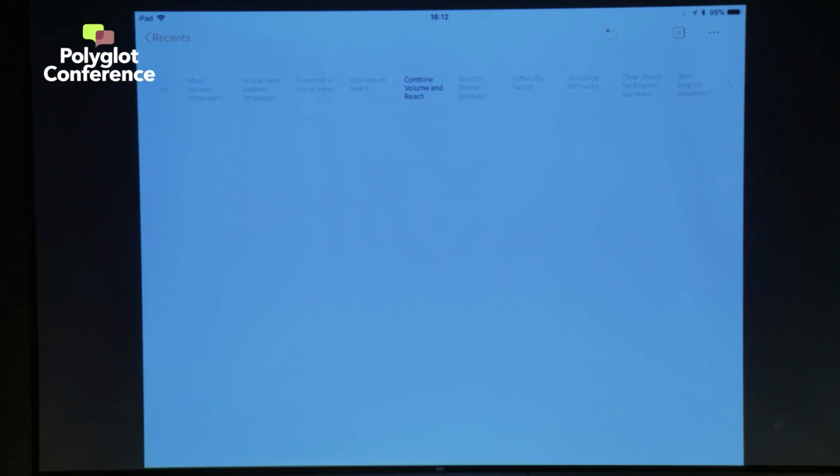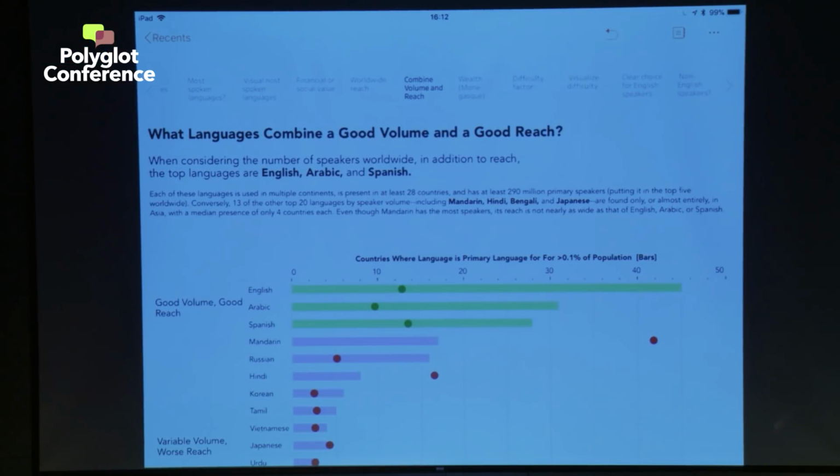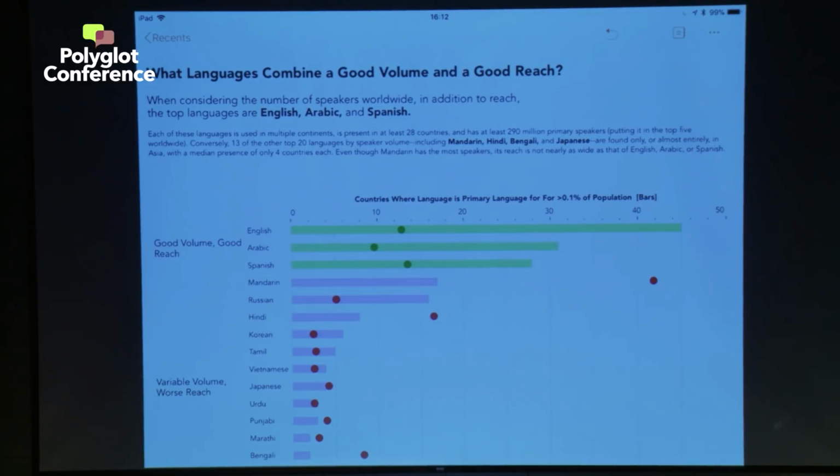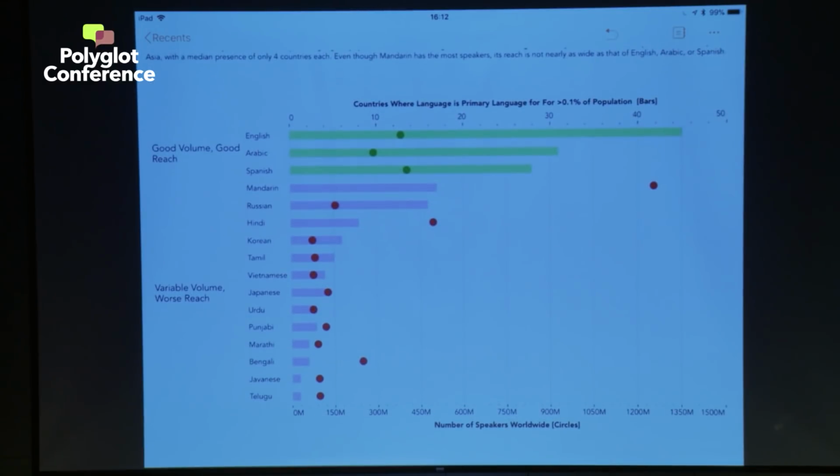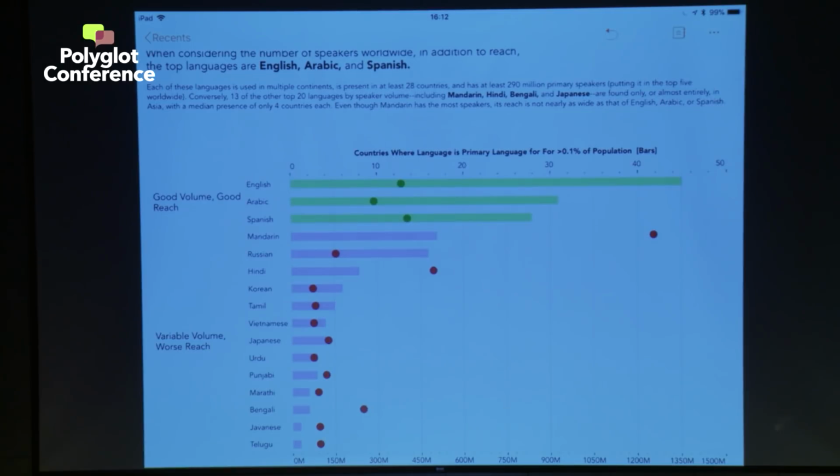Okay, let's start to combine a few things. Let's combine good volume and good reach. So here, there are two things happening. We have the bars, that are the countries where the language is the primary language for more than 0.1% of the population. And then we have the circles, that are just the number of speakers worldwide. And you start to see how things are not overlapping as much.